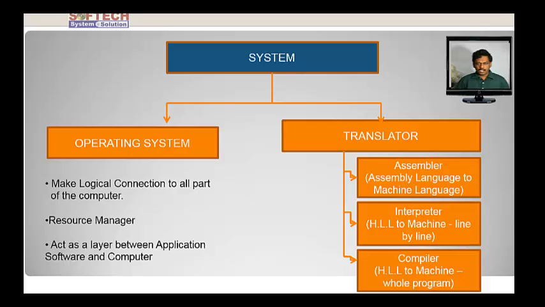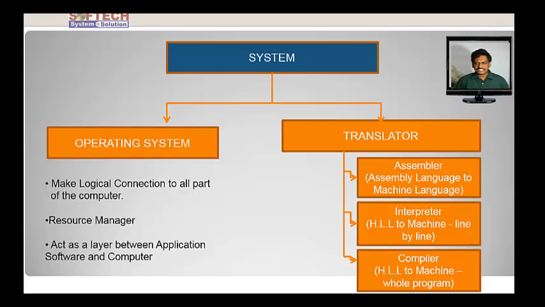So the operating system is related to hardware. It's not common for all. For a specific processor, specific hard disk, specific memory, the operating system is created based on that hardware specification. So the operating system is related to computer hardware.